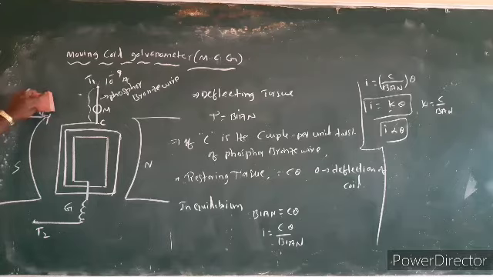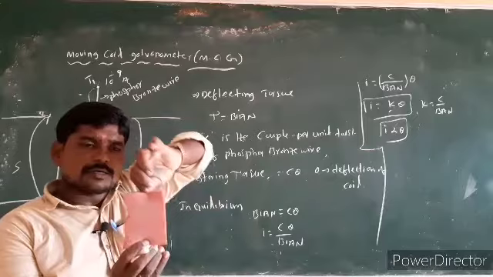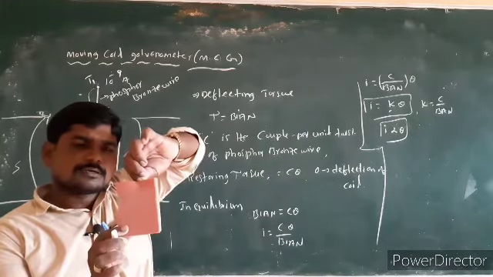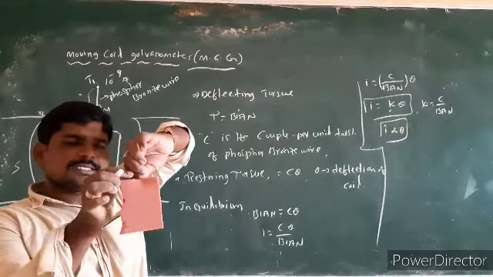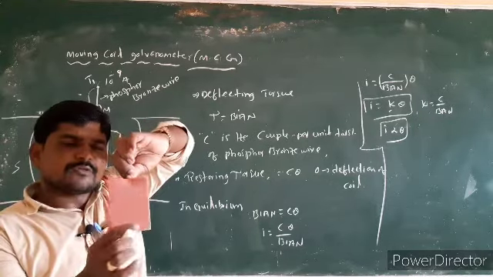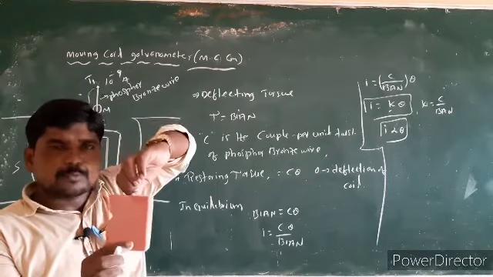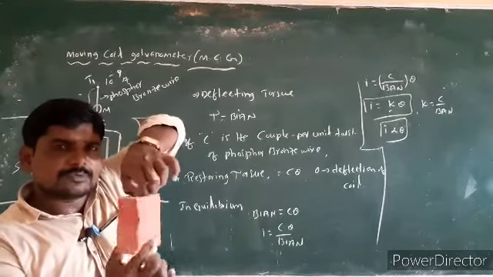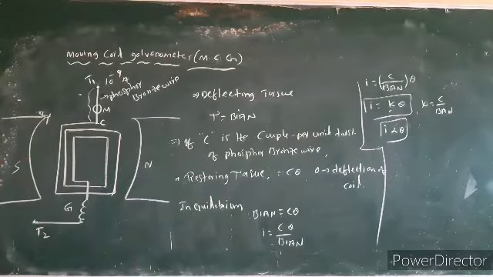And the phosphor bronze wire has low rigidity modulus, meaning it can easily twist. If the suspended wire is very hard, it will not deflect when the deflecting torque acts on the coil. That's why we took phosphor bronze wire, which is easily twistable. That's why the coil deflects easily in the magnetic field. That is the advantage of phosphor bronze wire here.